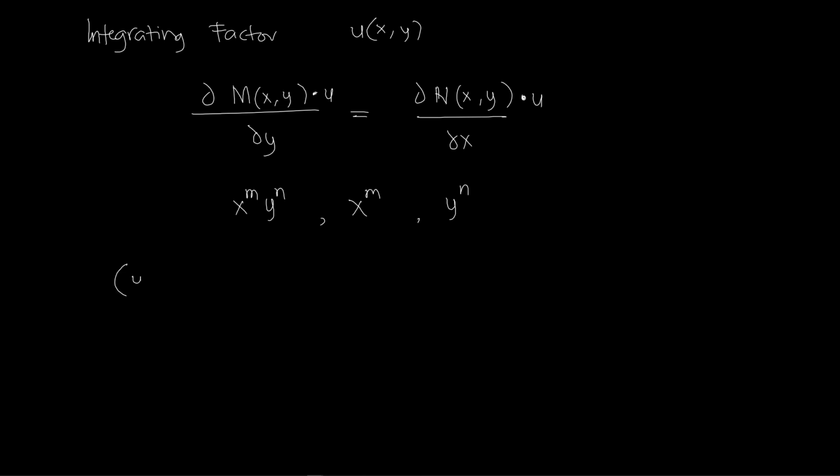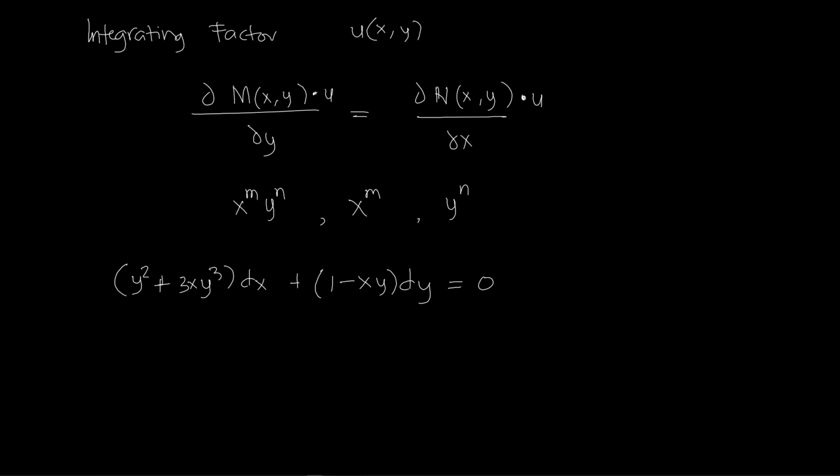For example, we have y squared plus 3xy cubed dy plus, let's say, 1 minus xy dy, dx equal to 0.